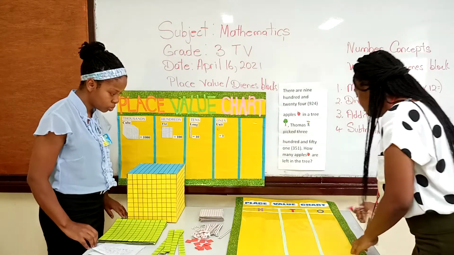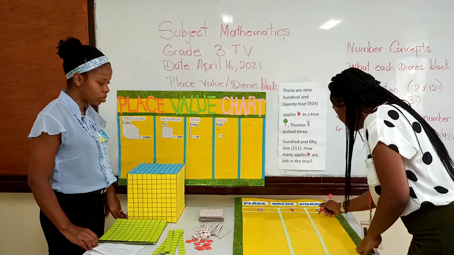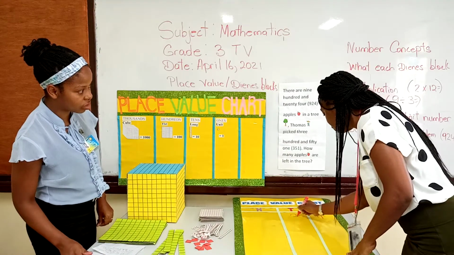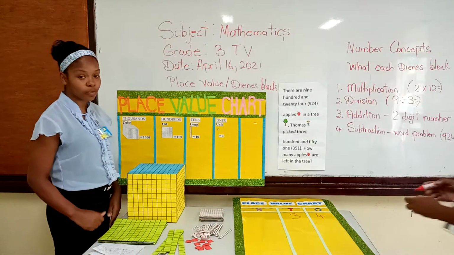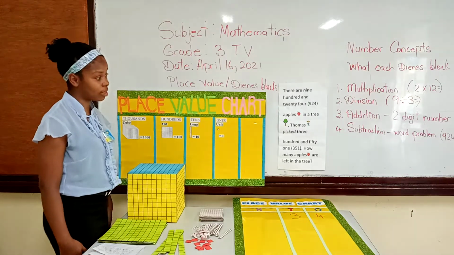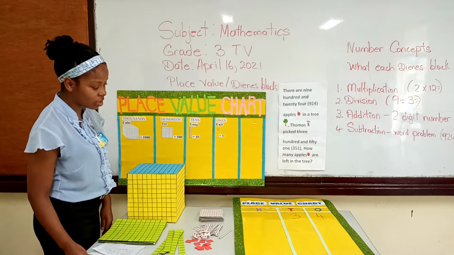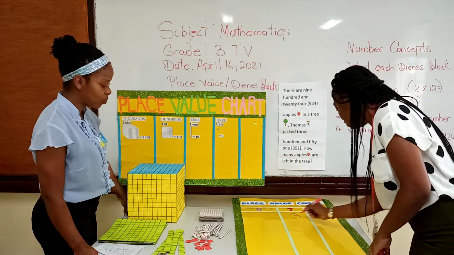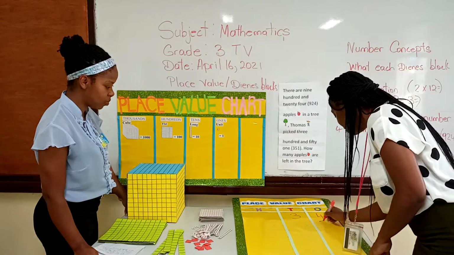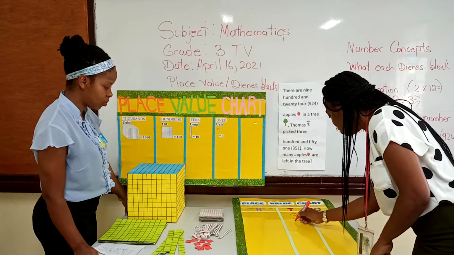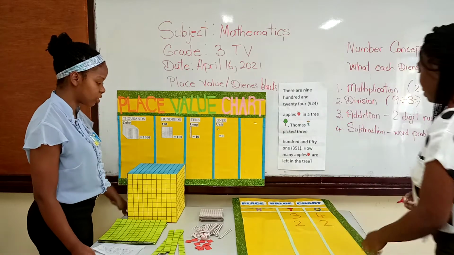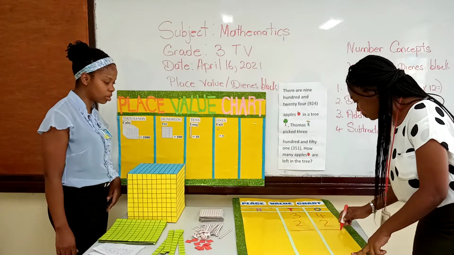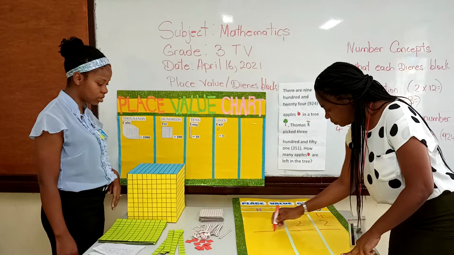As we said before, for 34 we place the last digit first in the ones column, then the first digit in the tens column. And the same for the 22, we place the last digit first, then the first digit. And we're adding, so we place our plus sign.